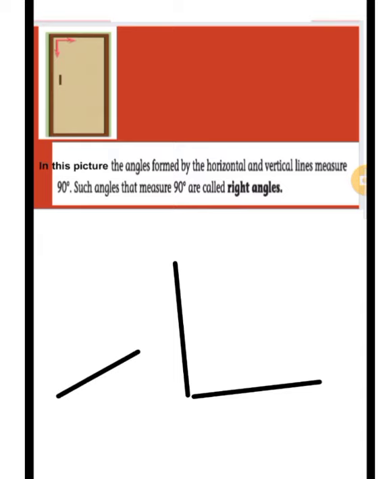Wherever it may be, see like this. It looks like an L shape. When a horizontal and a vertical line join and meet, it is called a right angle. It measures 90 degree.